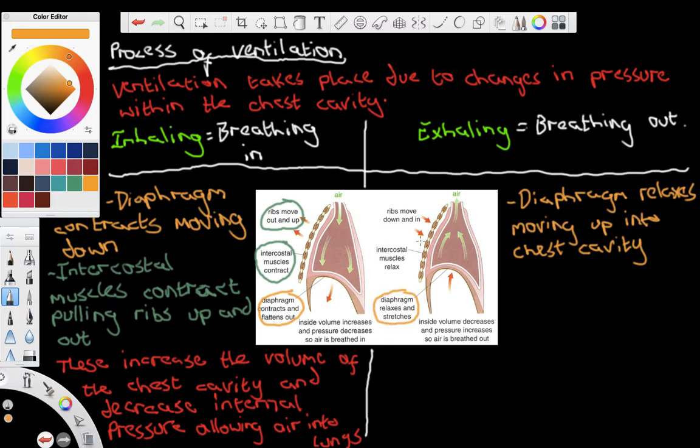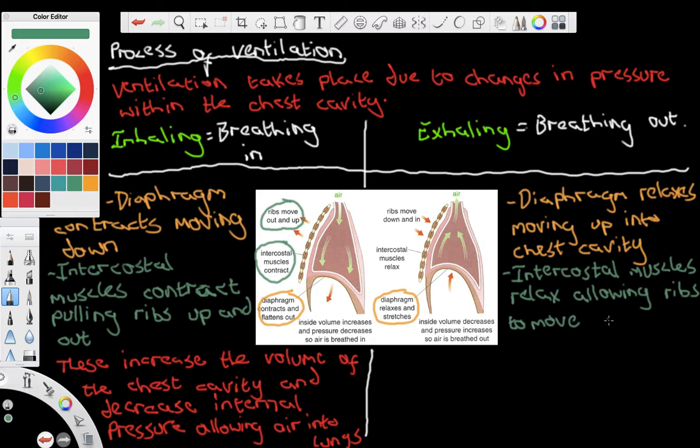They allow the ribs to move back down into the chest. So intercostal muscles relax, allowing ribs to move down and in.